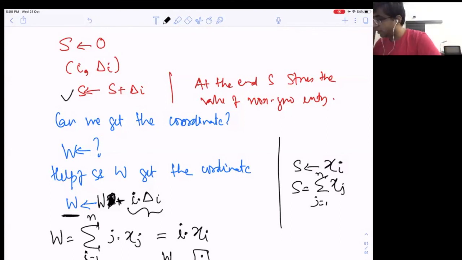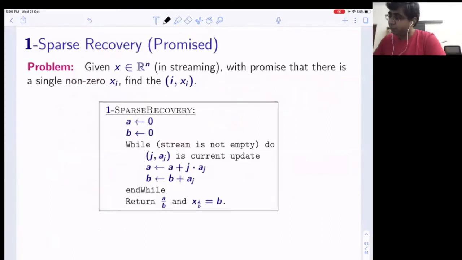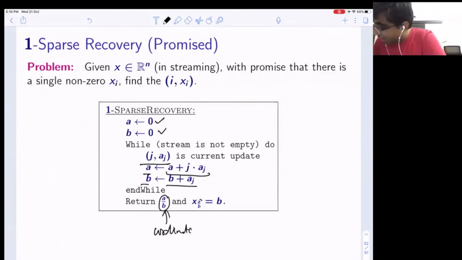So this is all that I have written here. I have two vectors, A and B. While the stream is not empty, and suppose j, a_j is the current item, to A, I'm going to add A plus j a_j, and to B, B plus a_j. And what am I going to return? A by B. This gives me the coordinate, and the value x is equal to B. Okay? So if I give you a promise that there's a single non-zero xi, then I can find this.